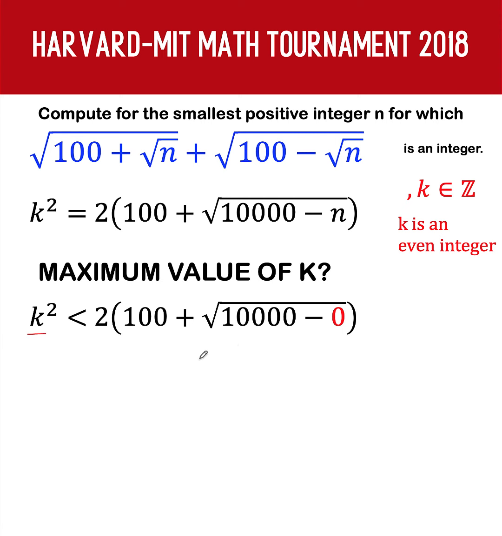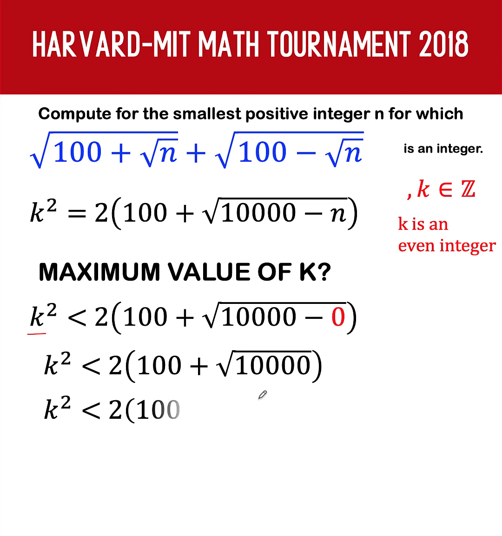So simplifying, this becomes 2 times the quantity 100 plus the square root of 10,000, which is 100. So 200 times 2 is 400, or k is plus or minus 20. But since we are after the positive n value here, we just take the positive value, which is 20, and k must be less than 20.